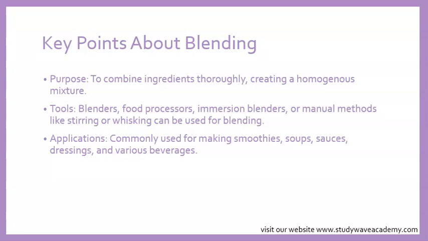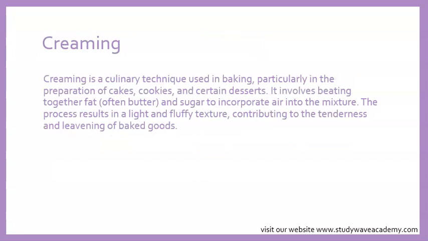So blending is like making food smoothies, but for everything. You mix things together until they are super smooth and happy. It can be fruits for smoothie, or vegetables for soup, or ingredients for a sauce, okay? Do you understand that? So the next technique we are going to be looking at, creaming.